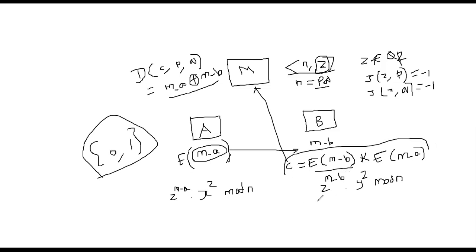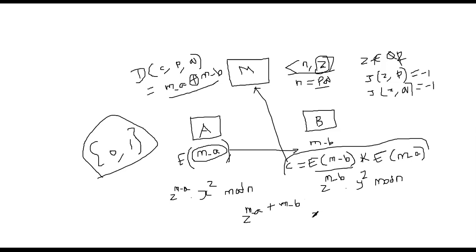When you multiply these two numbers, you will have Z. You can now add the powers, right? Because of exponent rules. So m_a plus m_b. Okay. So now what happens to the x? When you multiply these two ciphertexts, you can add the exponents.